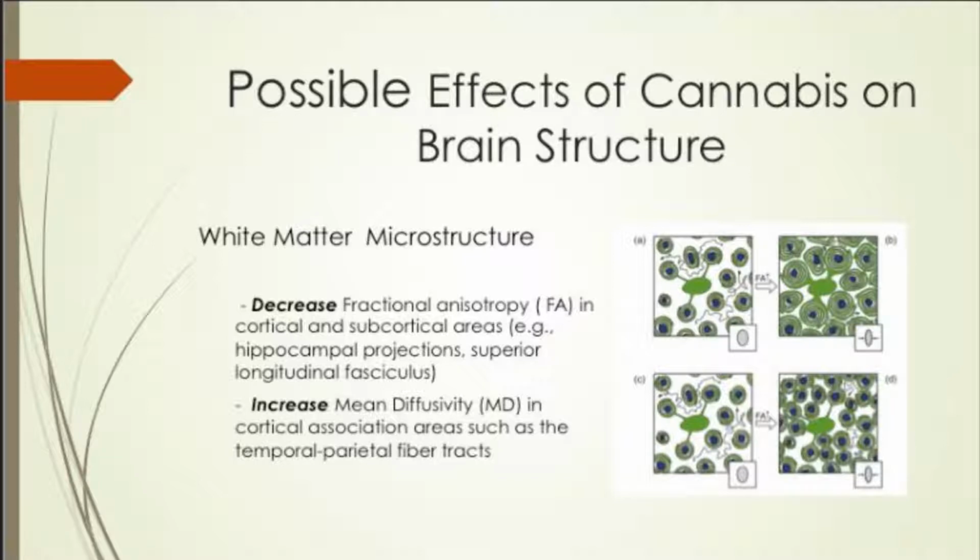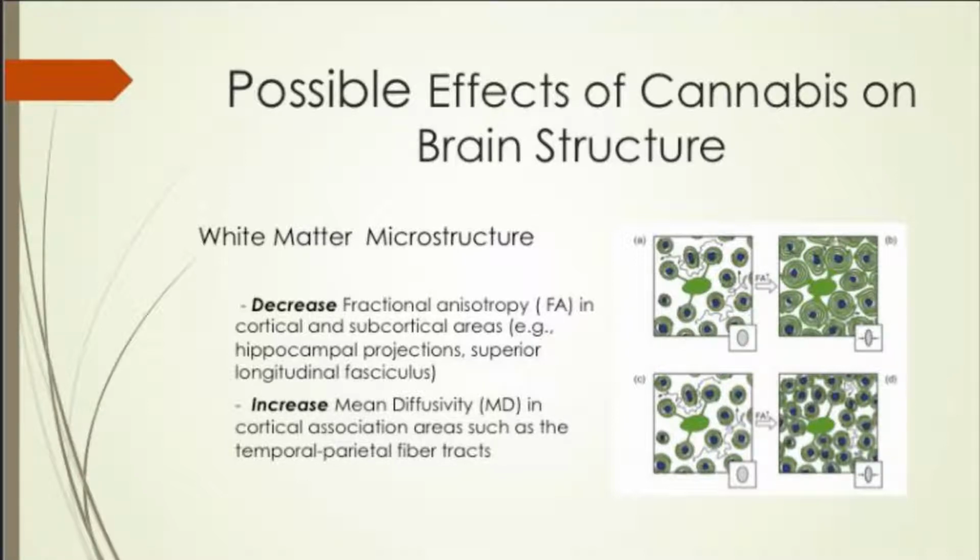The bottom one has more fiber bundles, so there's also less movement. That's typically what you want to see in a developing child's brain: more myelin, more fibers, which looks like better development. On the left side of that picture, there's less myelin on the top and fewer fiber bundles on the bottom, therefore more water movement, so the FA goes down.